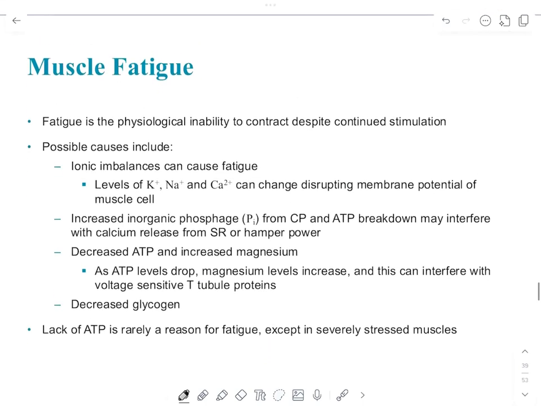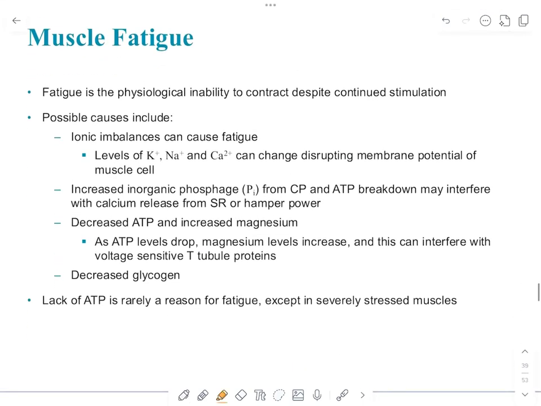Muscle fatigue occurs when there is an inability to contract despite continuous stimulation. Reasons for this could be ionic imbalances causing fatigue: levels of potassium, sodium, or calcium can disrupt membrane potentials of the muscle cell.